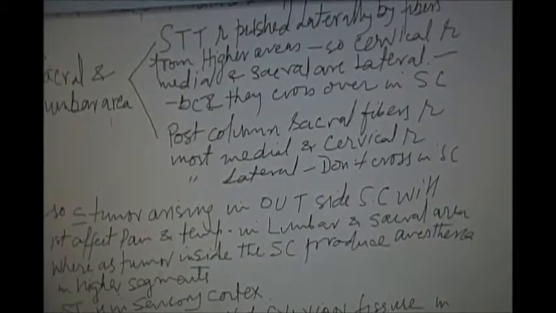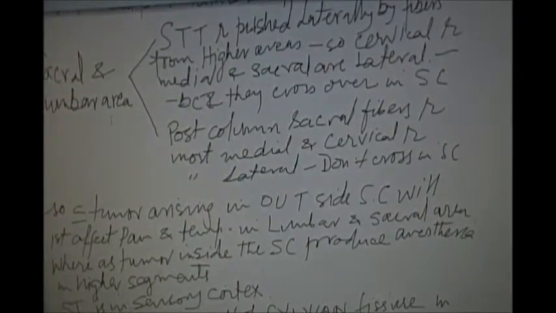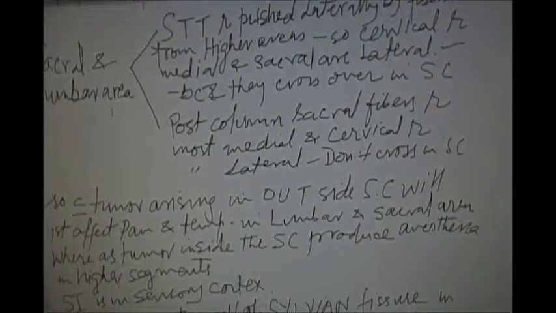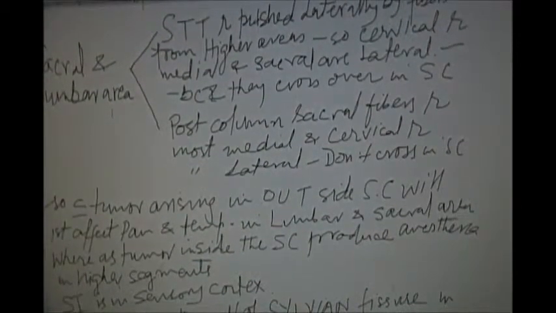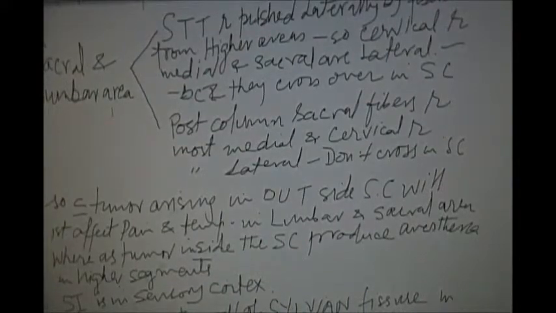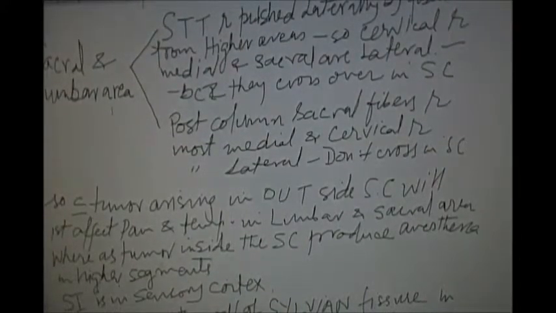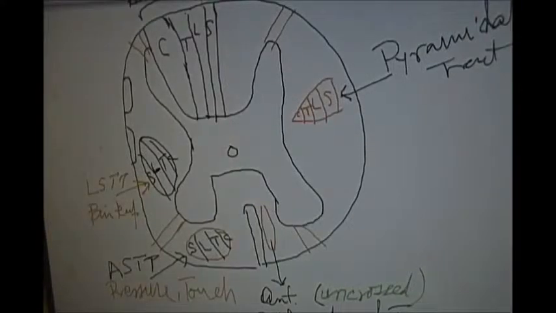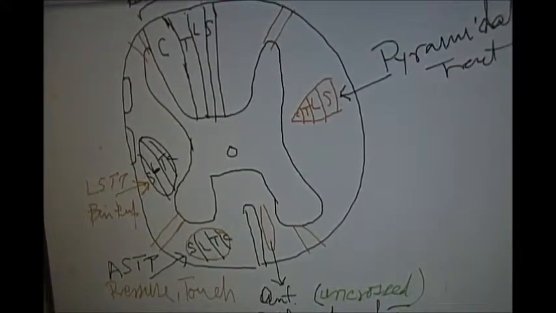A tumor that arises outside the spinal cord will first affect the pain and temperature fibers in the lumbar and sacral area, whereas a tumor inside the spinal cord will produce anesthesia in higher segments. If you see the cut section of the spinal cord here, this is the lateral spinothalamic tract and this is the anterior spinothalamic tract, and they have the sacral fibers outside.